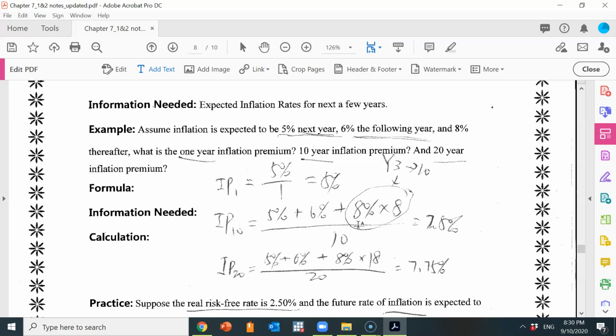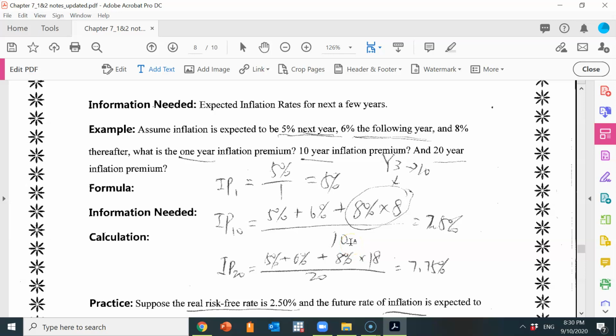We need to add 8% for 8 times, for 8 years from year 3 to year 10, so we can just use 8 multiplied by 8%. Then we divide by the total number of years, which is 10.